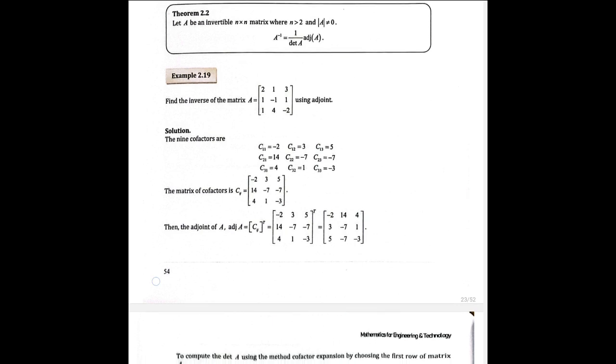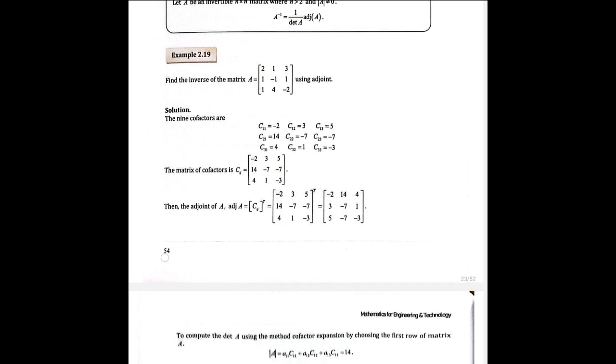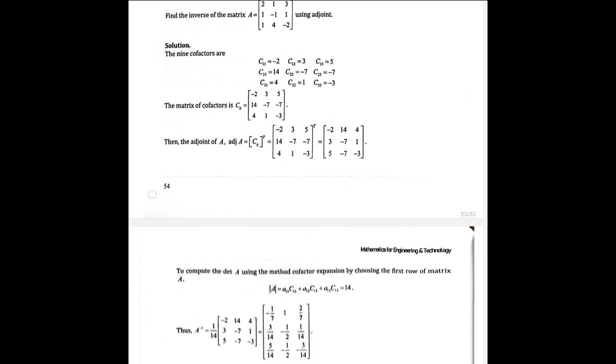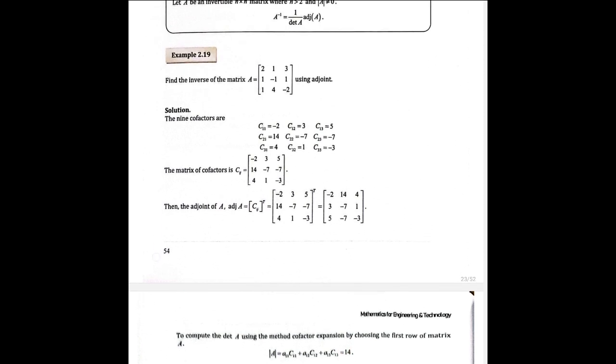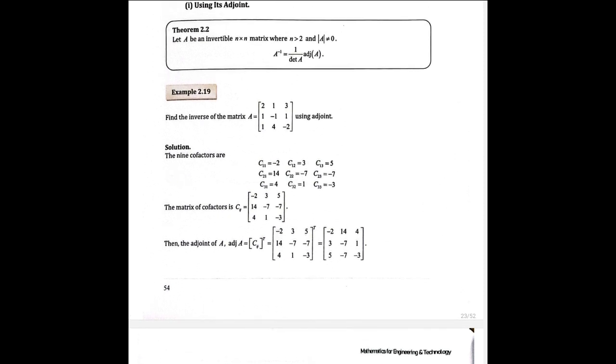Later on you can try to calculate, and by looking at the answer scheme, you will see that the calculation ends up with 14, which is not equal to 0. So we know that this matrix is invertible. Now the next thing is to find the adjoint.